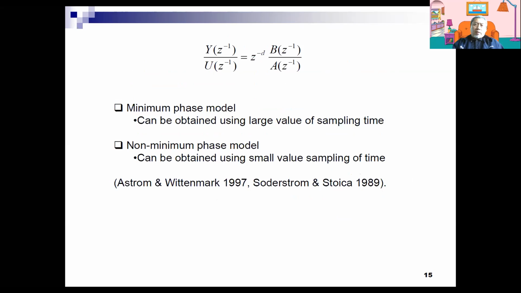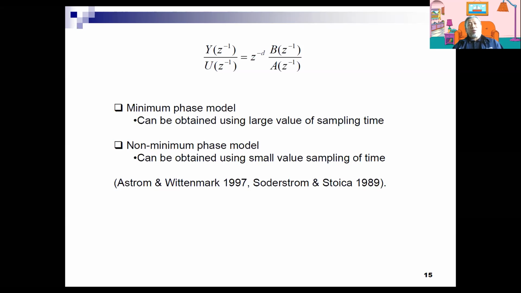Okay, and this ARX model for a hydraulic system, we have to be careful that the sampling time that we choose must be according to the spec that we want. If the spec wants the minimum phase model, then you have to use a large or high sampling time.